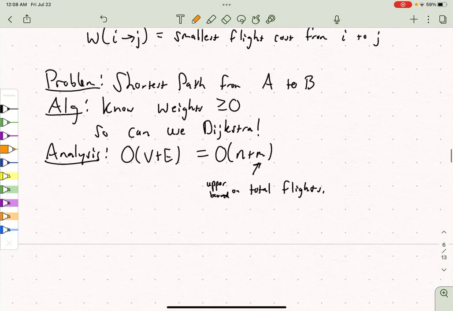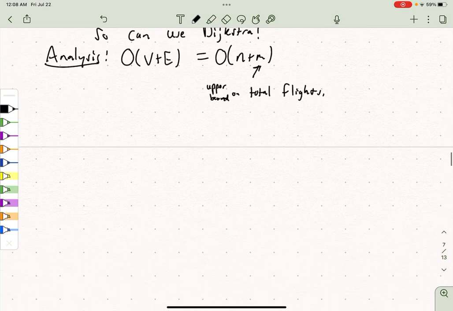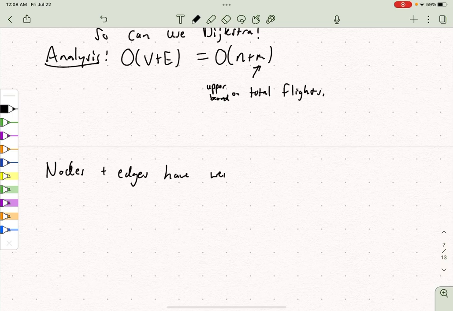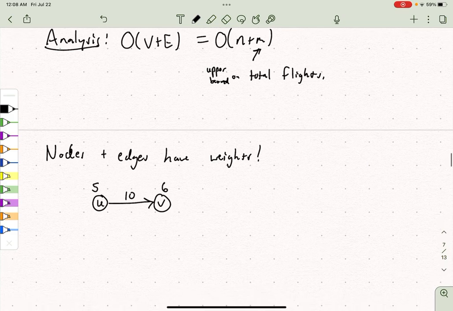So how are we going to represent this? So basically, nodes and edges have weights now. So we're going to use a trick. So let's say we had an edge u to v, and this had some cost like 5, 10, and 6.